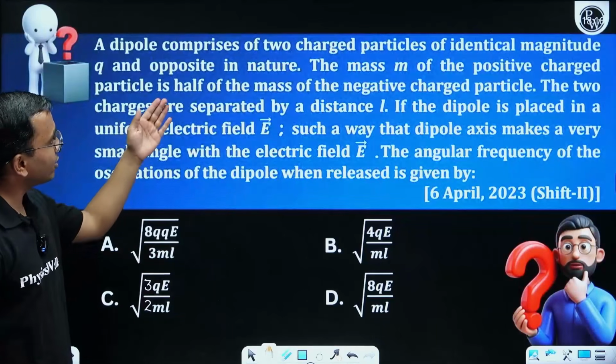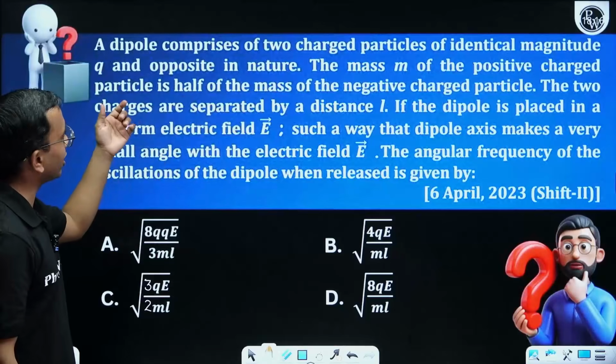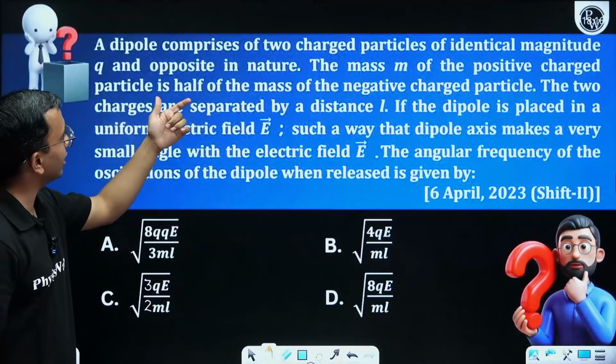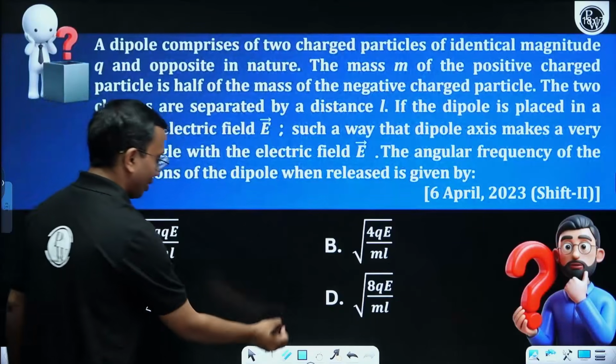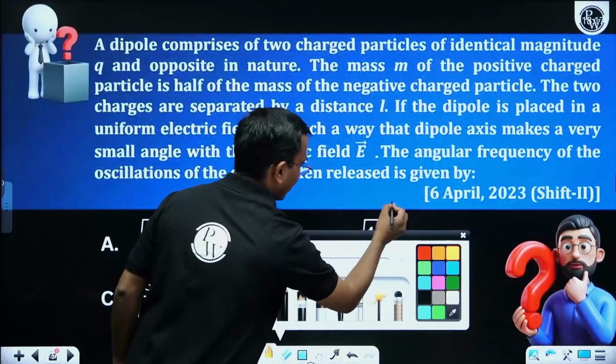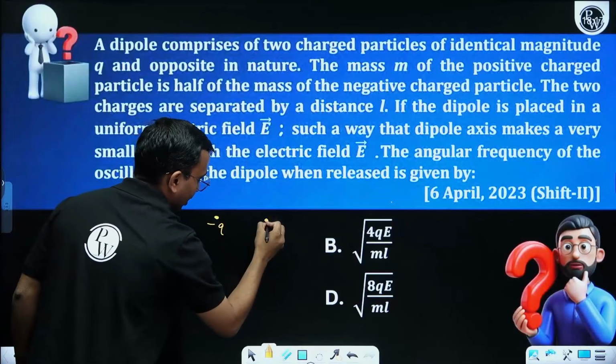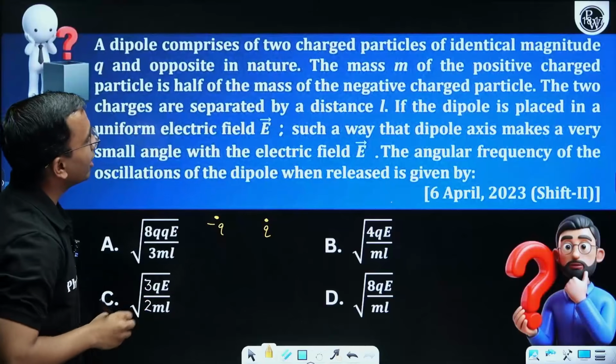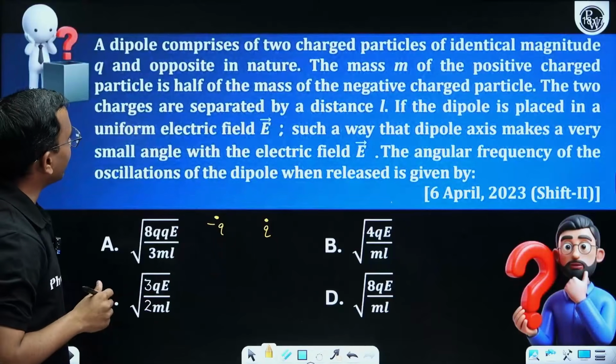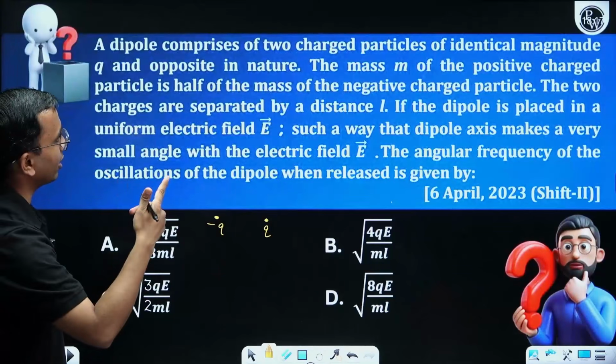A dipole comprises of two charged particles of identical magnitude q and opposite in nature. One q, another minus q. The mass m of the positive charge particle is half of the mass of negative charge particle.